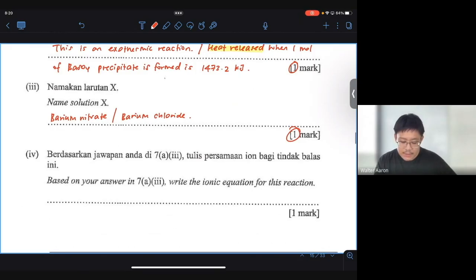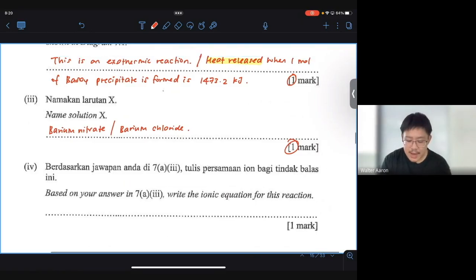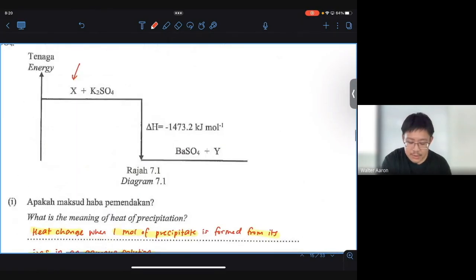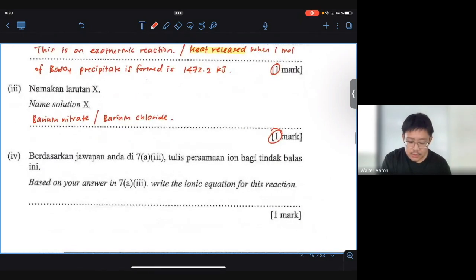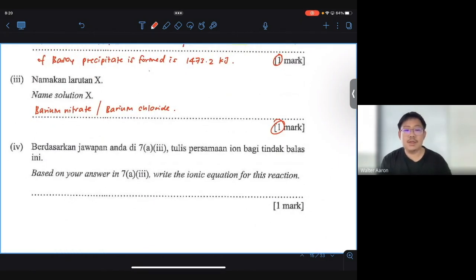Based on your answer in 7A3, write the ionic equation. So if you choose barium nitrate, or if you choose barium chloride, it doesn't matter. Why? Because at the end of the day, the precipitate that's being formed is BaSO4. So question number 4 here is actually there to confuse you. Because some people say, oh, ionic equation of what?